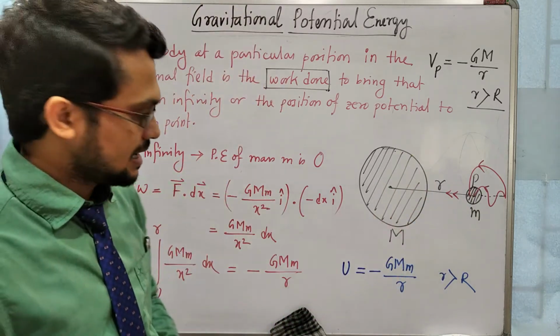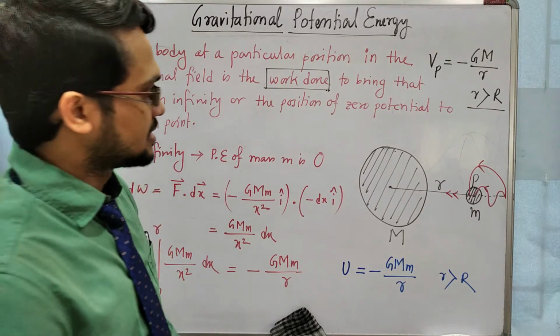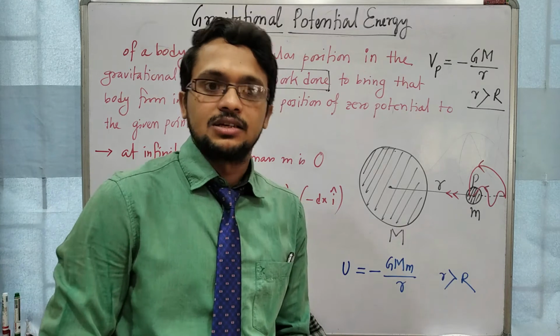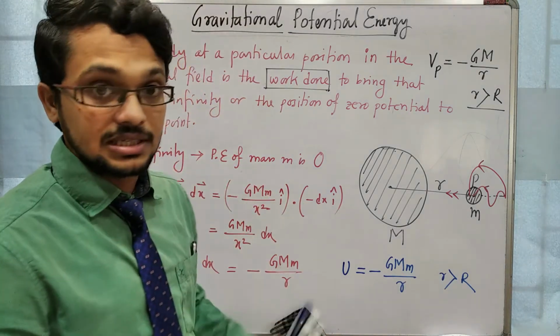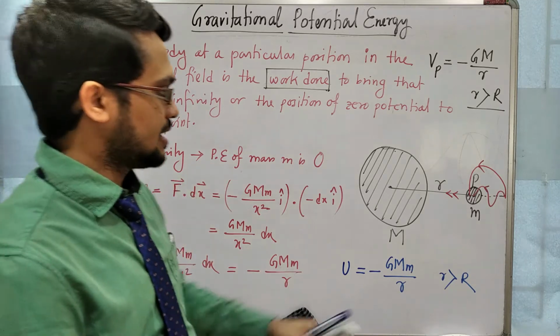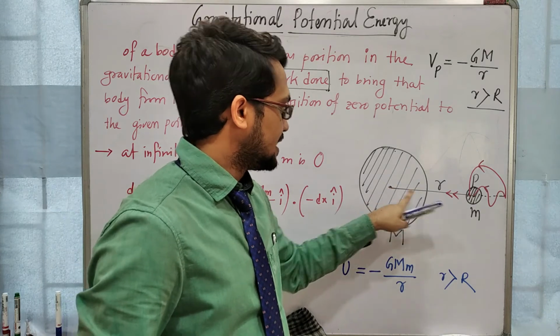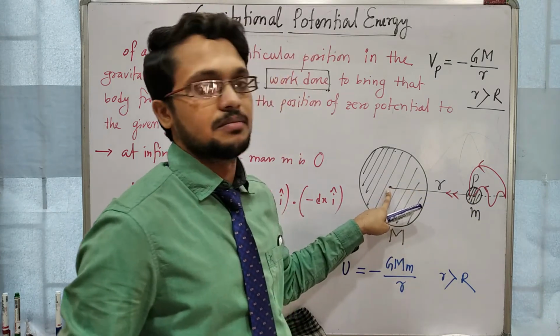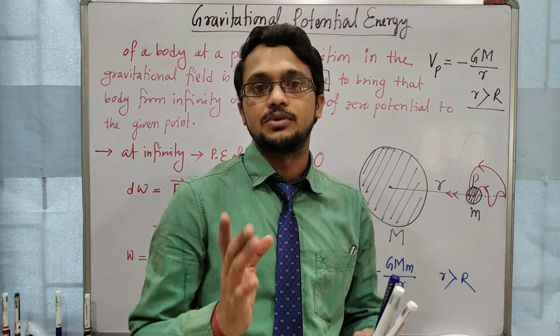That means we can say that the potential energy of any object in the gravitational field depends only on the position of that point. How will you define the position? At a distance r from the center of mass of that planet. So it depends only on the position.